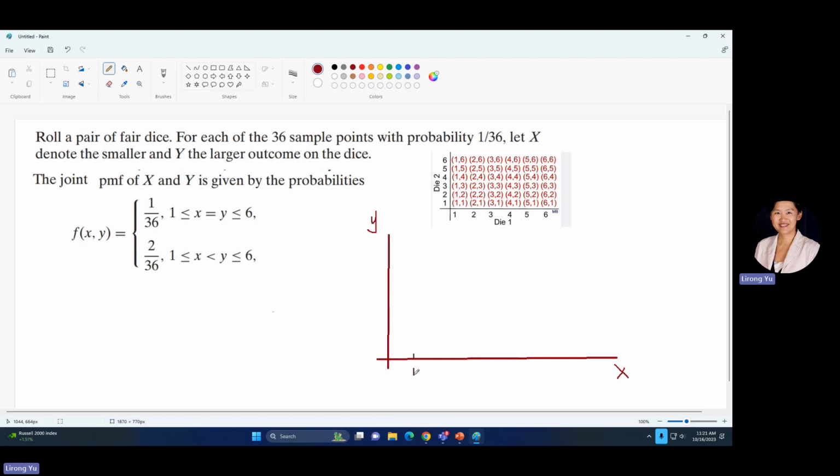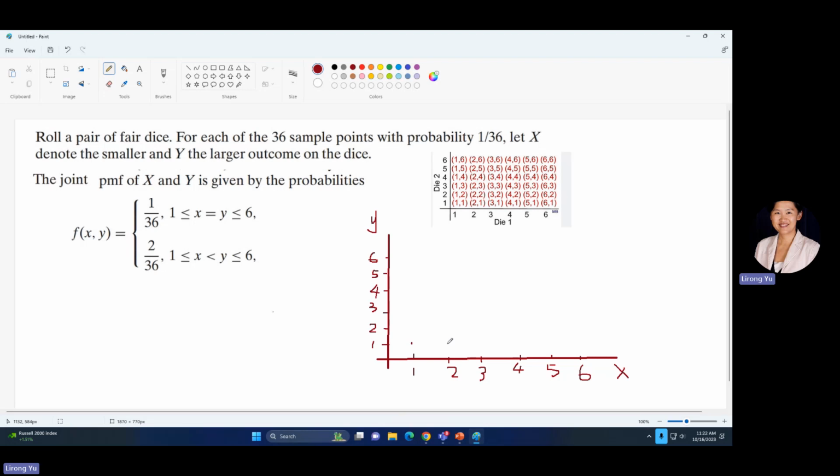So x takes on anywhere from 1, 2, 3, 4, 5, and 6. Y takes on 1, 2, 3, 4, 5, and 6. But we have to remember that x has to be smaller than y. So for example, you have a point 1, 1 if possible, and could we have 2, 1?